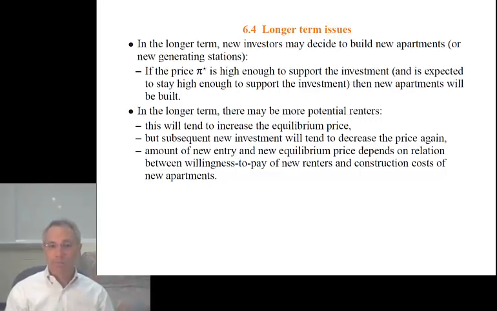Well, in the longer term, there might be more potential renters. This would tend to increase the equilibrium price compared to the case when there were fewer renters, all other things being equal. But if we had a potential for new investment, that would tend to decrease the price again. So the amount of new entry, the new equilibrium price, depends on the relationship between the willingness to pay of new renters and the construction costs of new apartments.